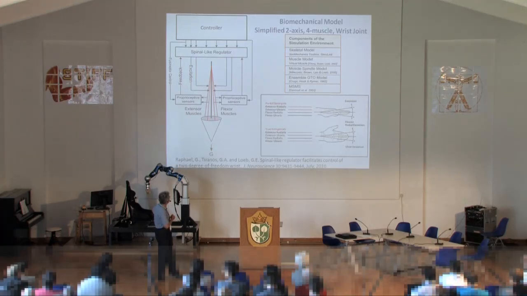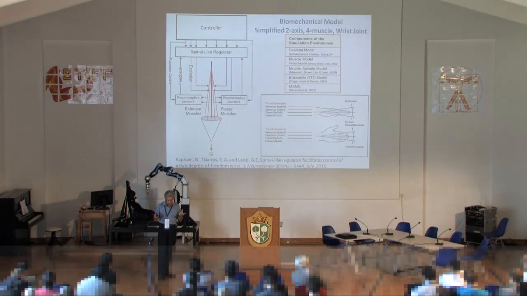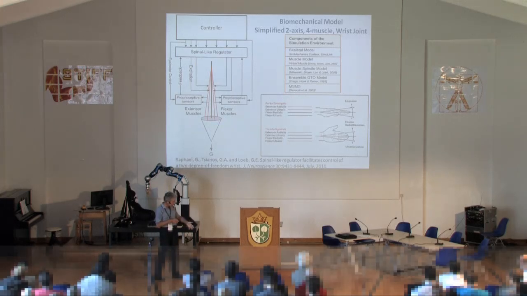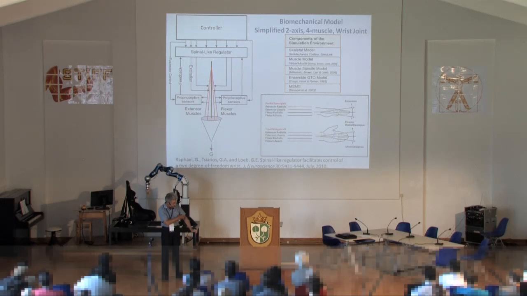So, our first attempt to understand the controllability of the system was to model a very simple system that had at least some interesting complexity, and that is the wrist. You could imagine an idealized version of the wrist in which you have muscles that can produce extension and flexion, and muscles that can produce radial and ulnar deviation.